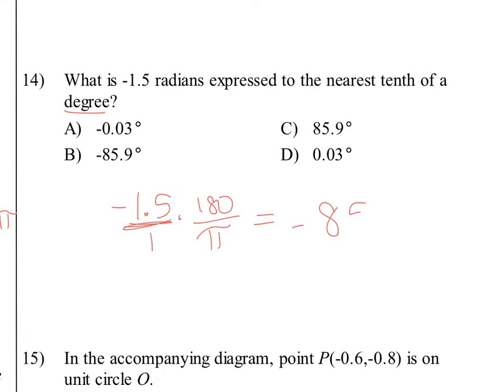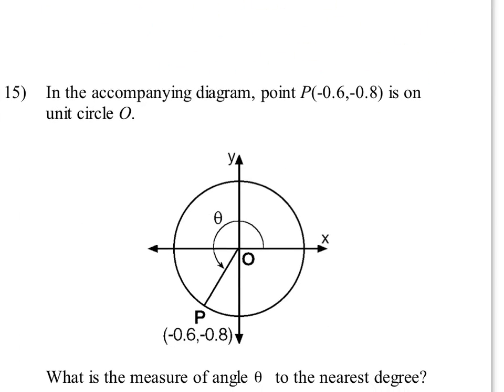Negative 85.94, whatever. So negative 85.9. Done. This was a negative, so these guys wouldn't be an answer anyway. So just be careful of that.